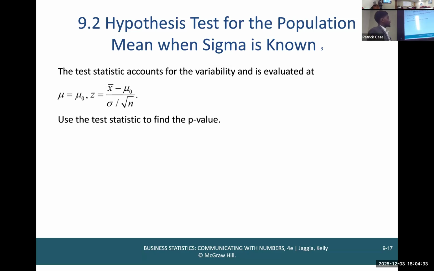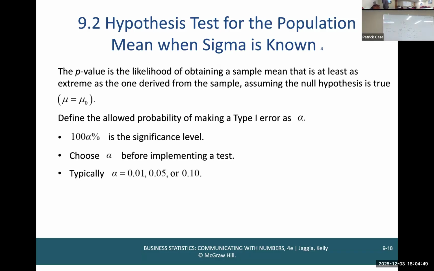We use a test statistic to find the p-value. That's alpha, the p-value, whatever you want to call it. So this is the p-value. Let's look at an example.